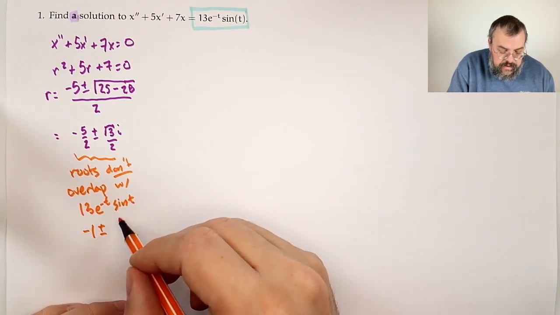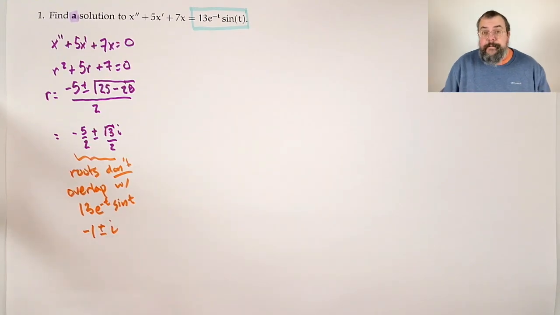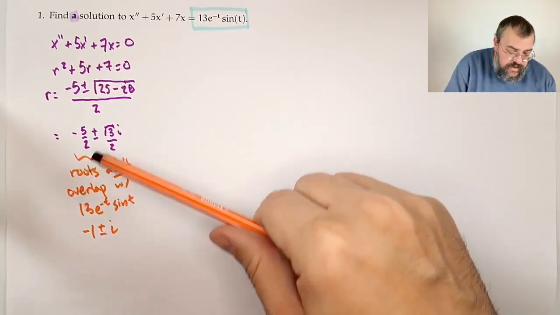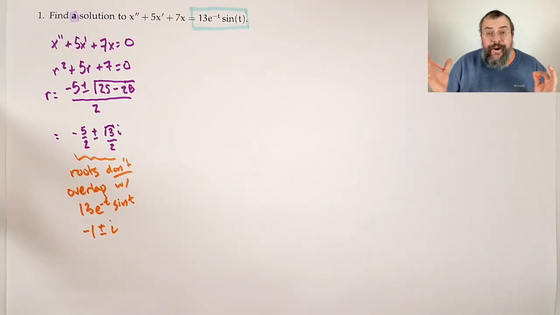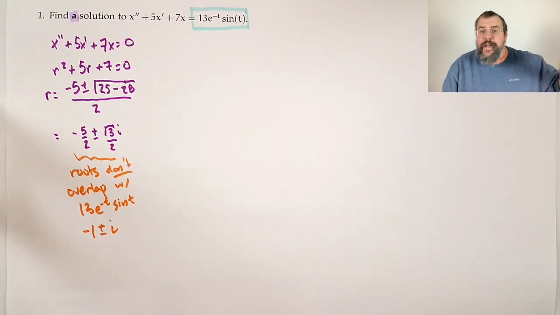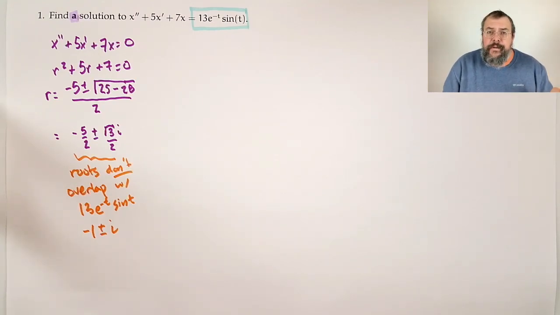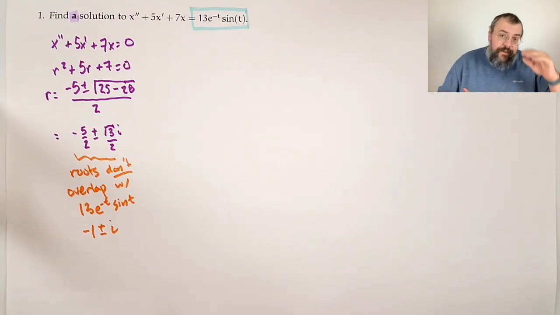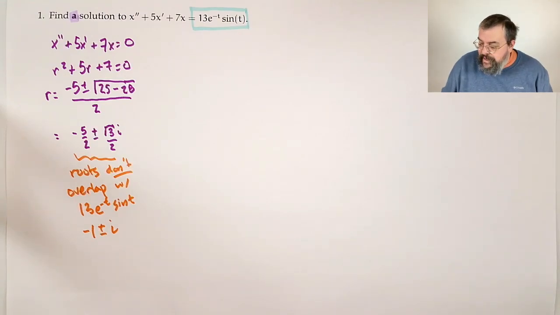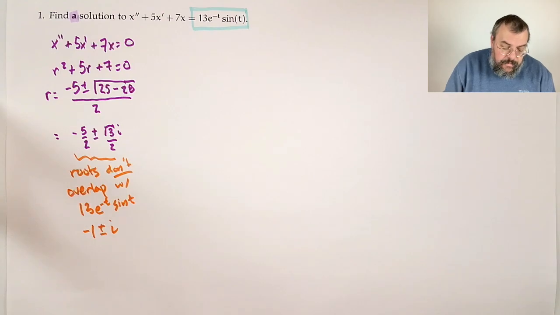And then here, sine t, that would be i. So these don't overlap. And really that's all we need to know. Now that I know they don't overlap, well, forget it. I don't even need to know what the homogeneous solution looks like. That's not my concern anymore. Okay, so that's as far as we need to go with the homogeneous part.